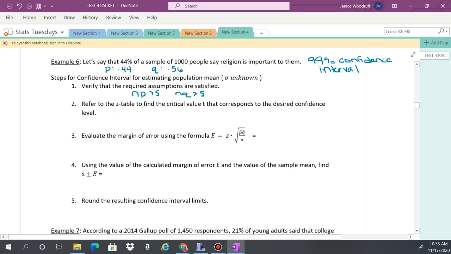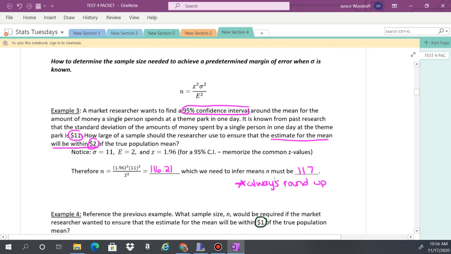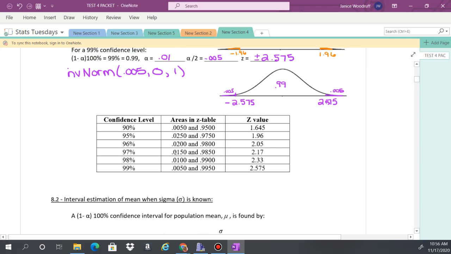All right, step 2, we are going to go to the Z table to find the value Z that corresponds to the desired confidence level. So if you don't have the Z table, you can also, remember, go back to the beginning of chapter 8 with our little chart and our standard confidence levels here. Okay, so confidence level for 99%, Z value 2.575.